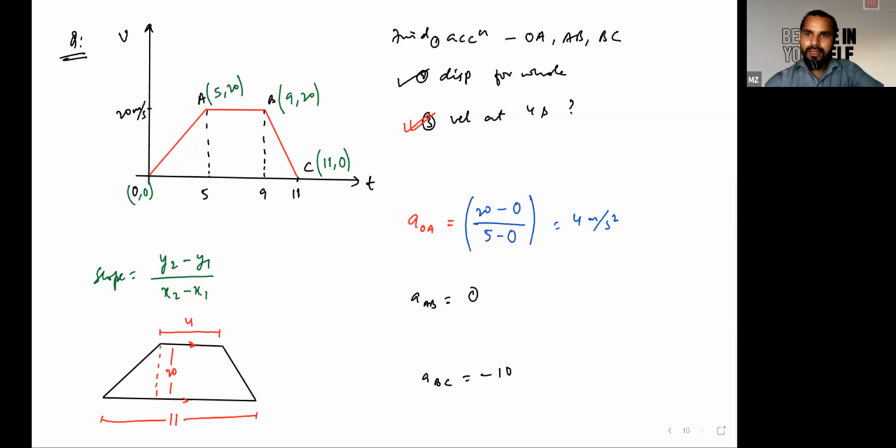So we have A as 2, B as 11, and H is 20. Just put all the values and try to calculate displacement, which is equal to the area of the trapezium, half the sum of parallel sides into height.